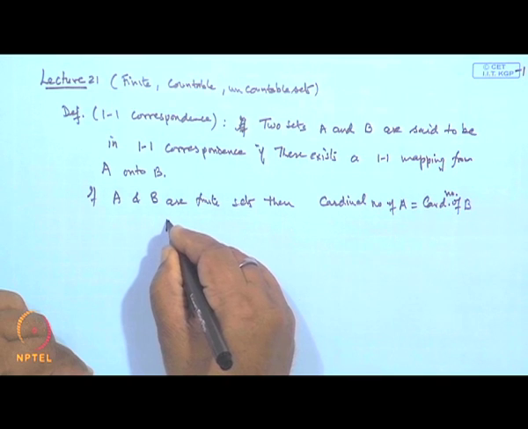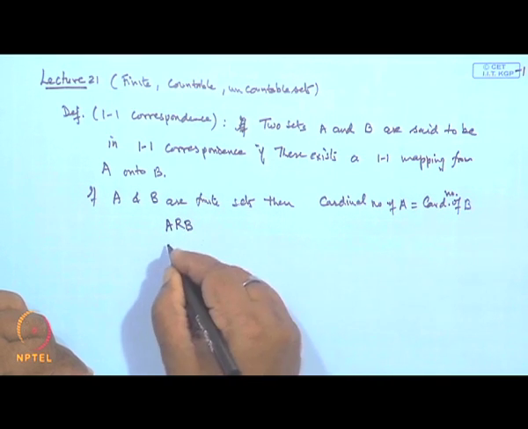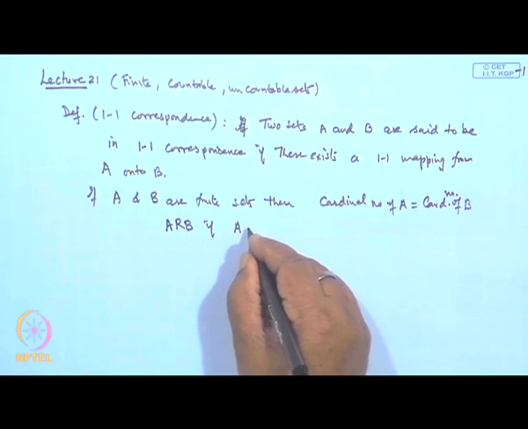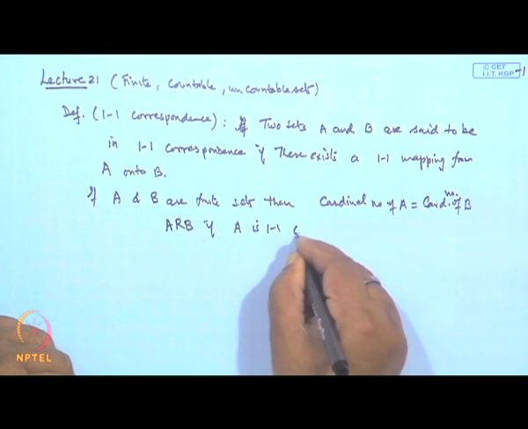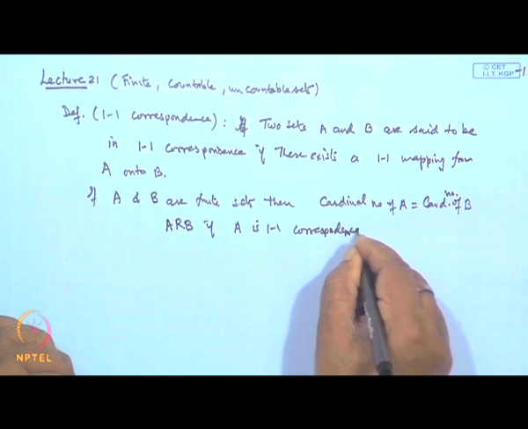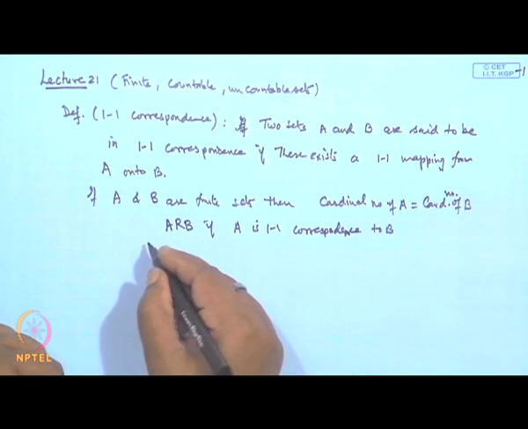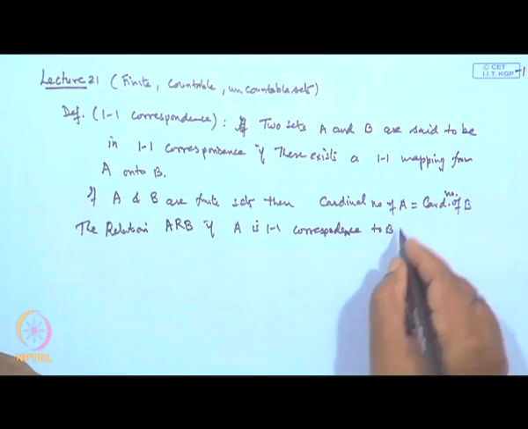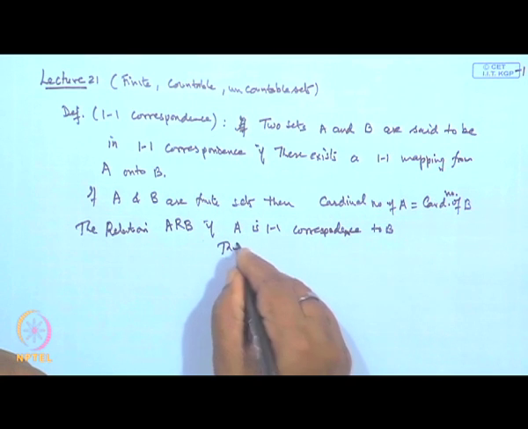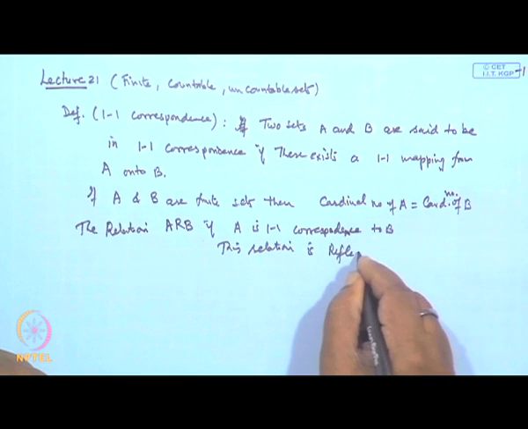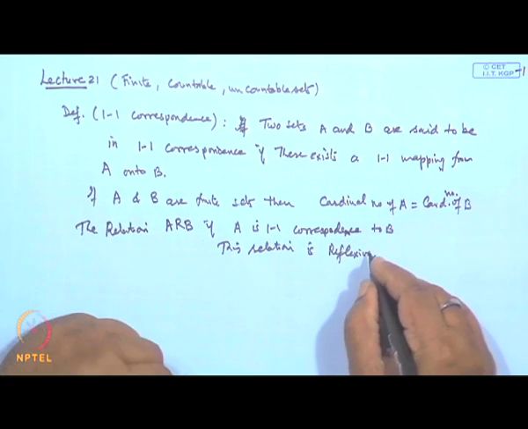And the relation which we have: if A is in one-to-one correspondence to B, then this relation is obviously reflexive, symmetric and transitive.